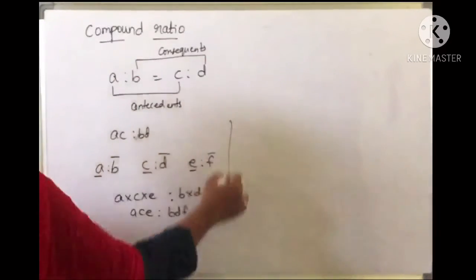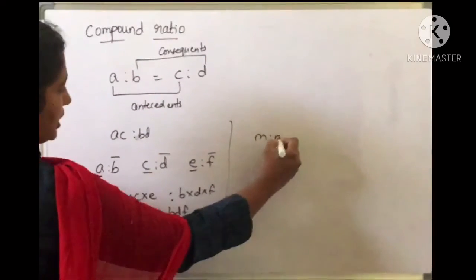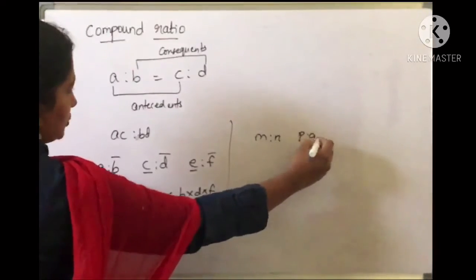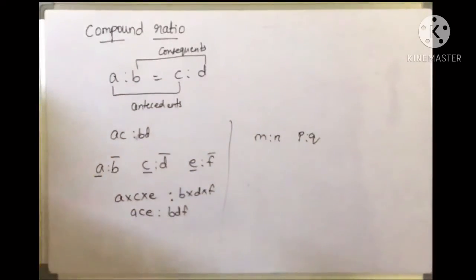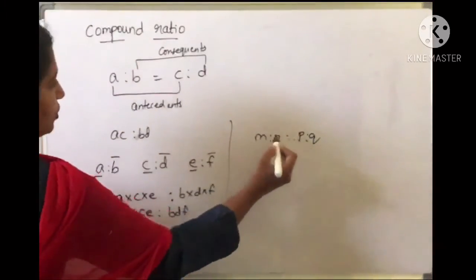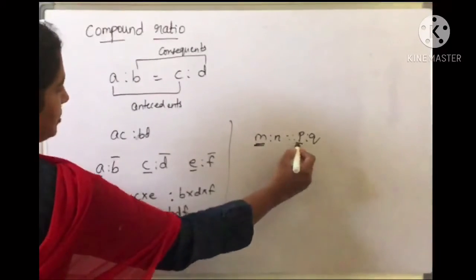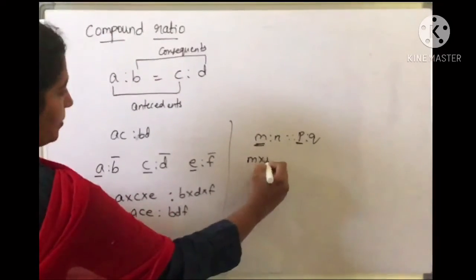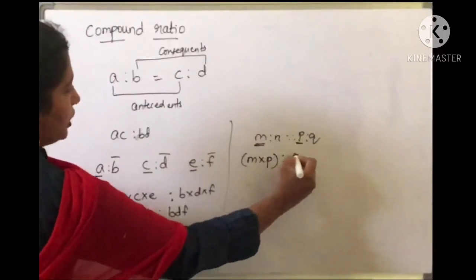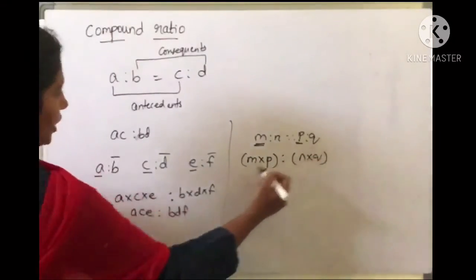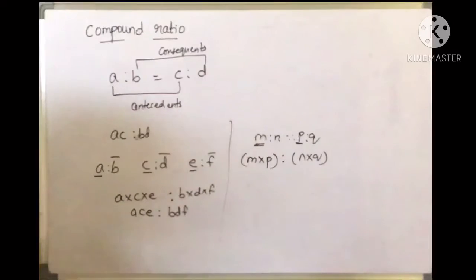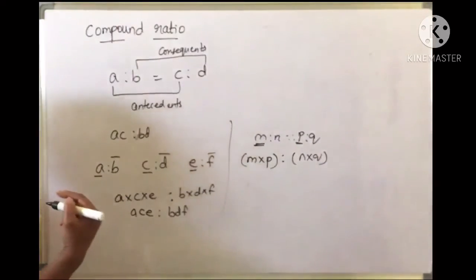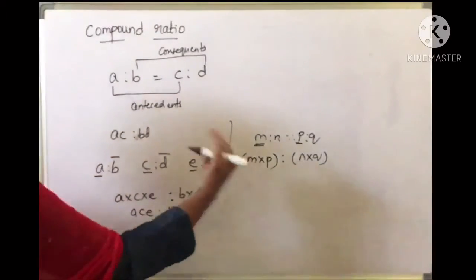If you take other alphabets also, M is to N is one ratio, P is to Q is another ratio, and M is the antecedent, P is the antecedent. So M into P is to N into Q. That is the product of antecedents is to the product of consequents. So this is called the compound ratio.